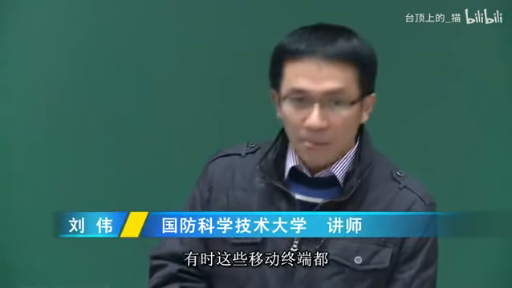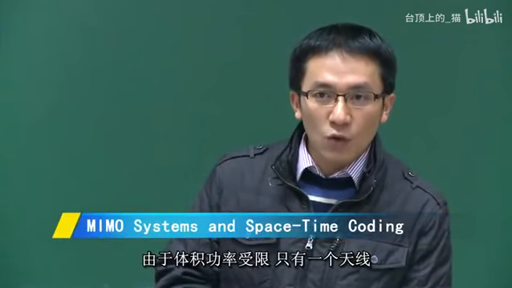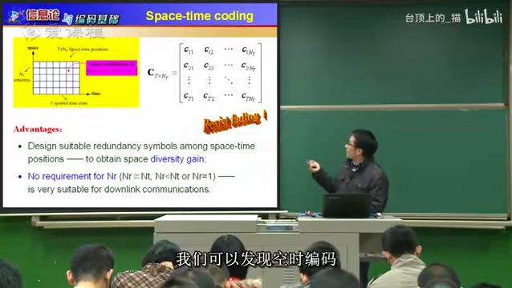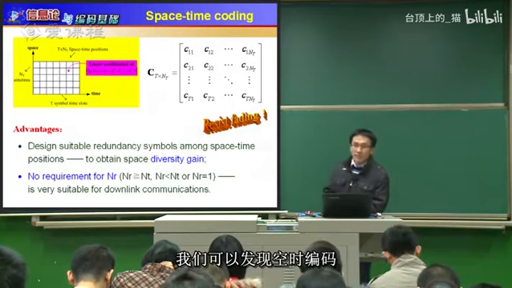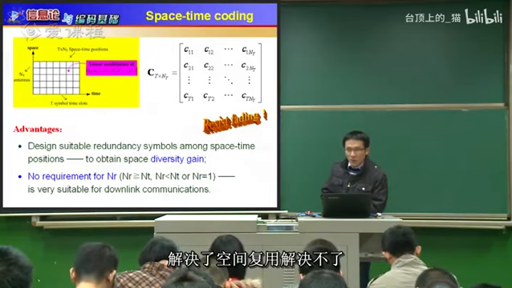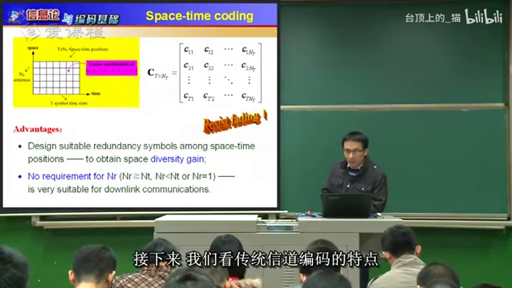The mobile terminal can sometimes be equipped with just one antenna, because of limited volume and limited power. Okay? So we can see the space-time coding scheme resolves the problems which cannot be resolved by the space multiplexing scheme. Okay?